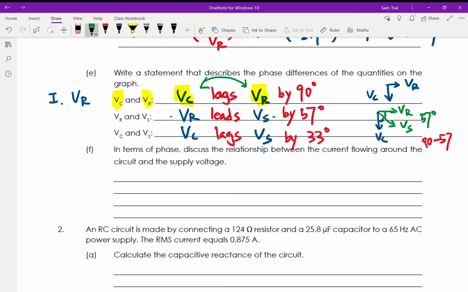Now in terms of phasors, describe the relationship between the current and the supply. As I said, the current and the VR are in phase.